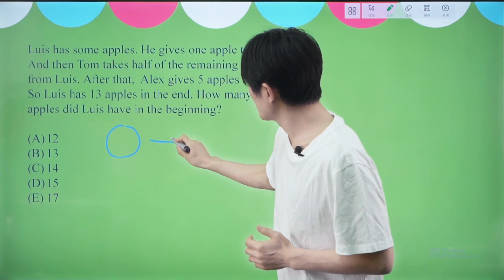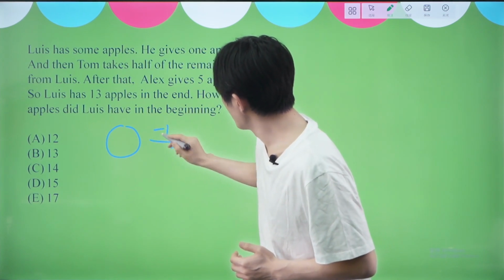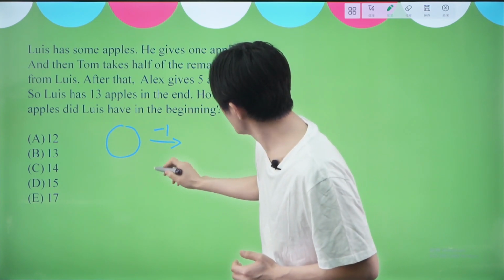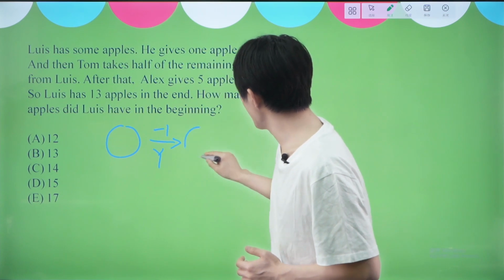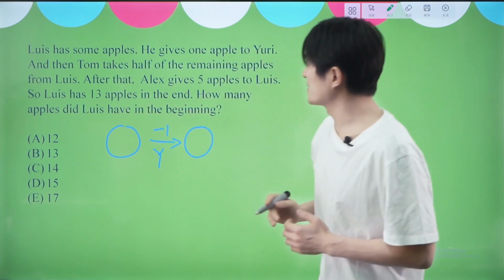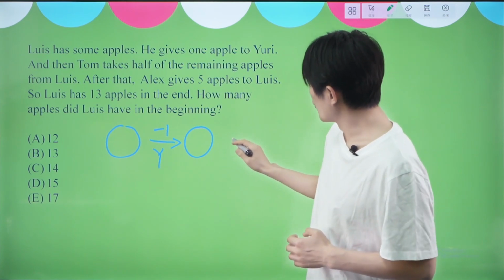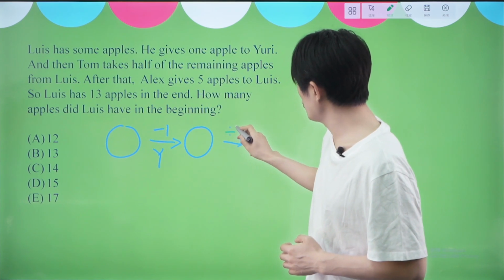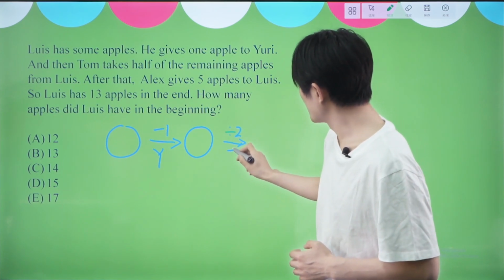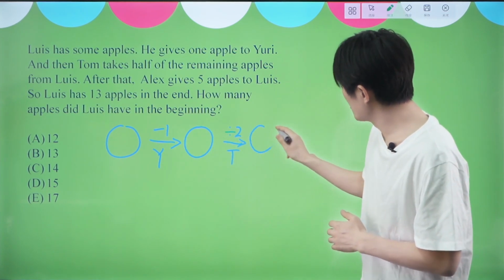That means we need to subtract 1 from the original apples. So give 1 to Yuri. And then Tom takes half of the remaining apples. So we need to divide by 2. Tom took half of the remaining apples. And then we get some apples.